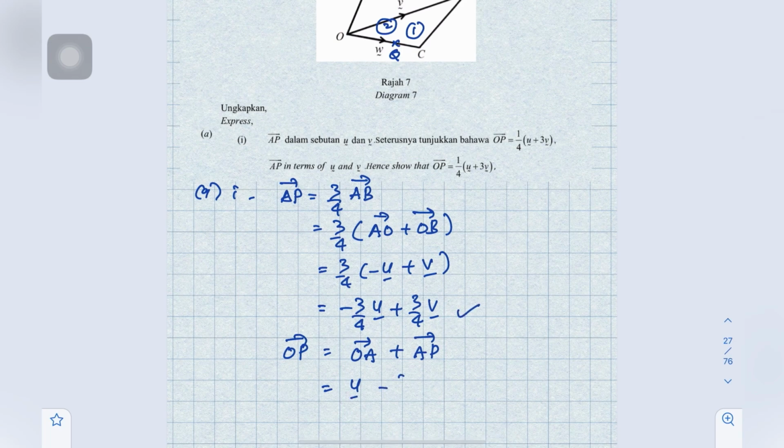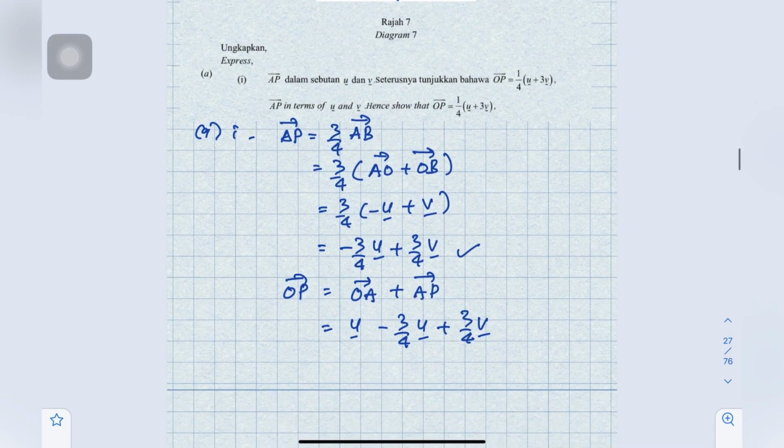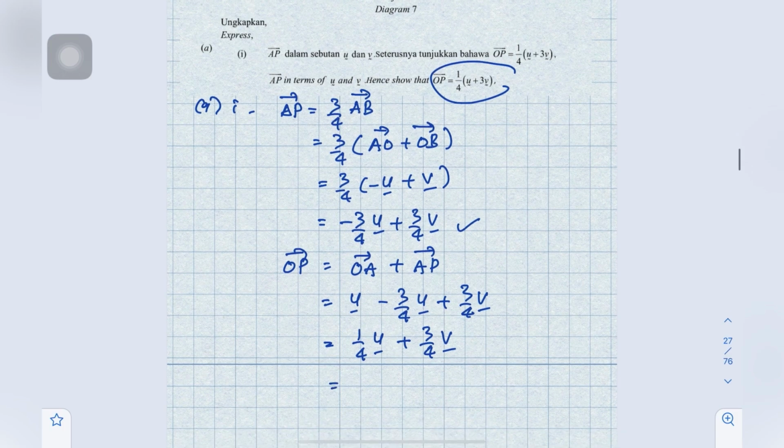So minus 3/4 U plus 3/4 V. Okay, so then we simplify. This one is 1 minus 3/4 is 1/4 vector U plus 3/4 vector V. So this one we factorize. The common factor is 1/4 (U plus 3V). So then shown.